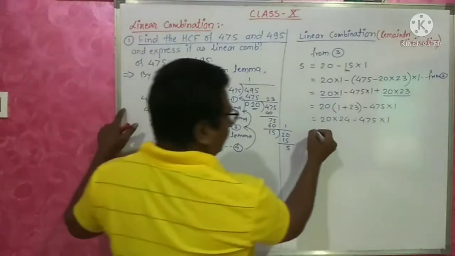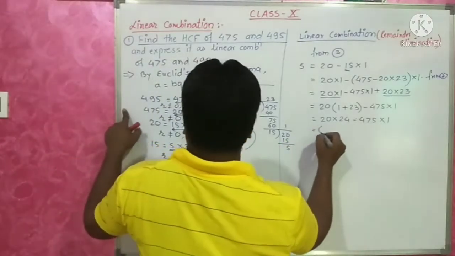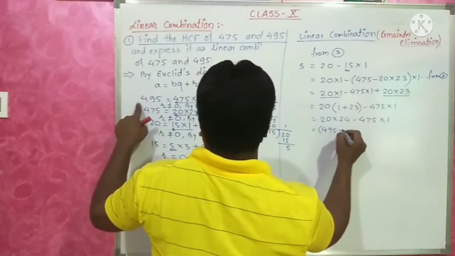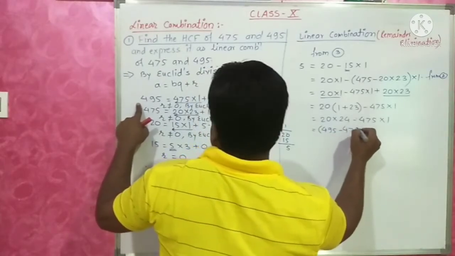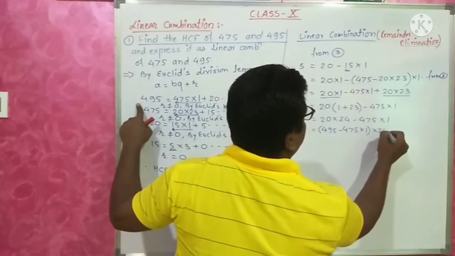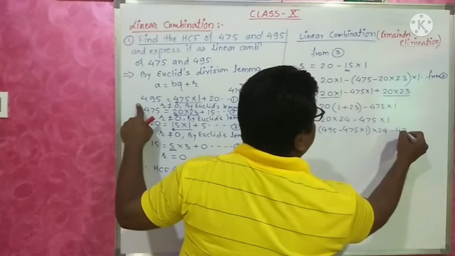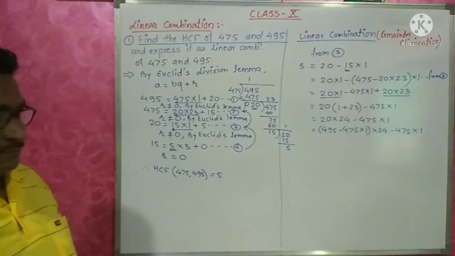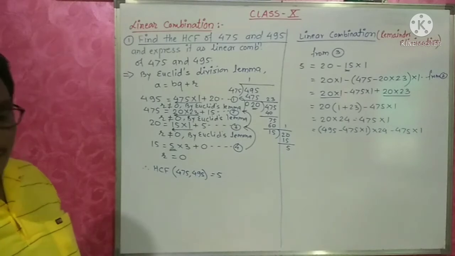So in place of 20 we can write 495 minus 475 into 1, into 24, minus 475 into 1, as it is.